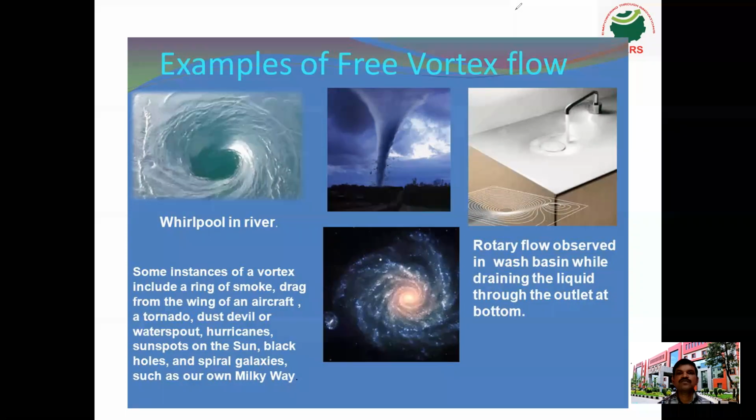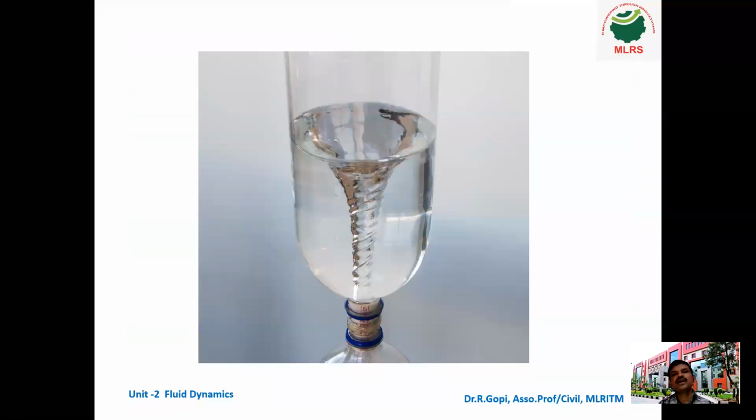Now students, from this example you can understand forced vortex and free vortex. You can see one water bottle with water, and below it an empty water bottle.